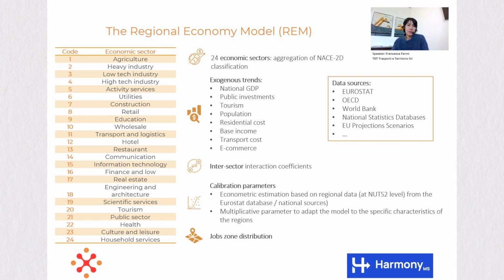As mentioned, those are related to both national and regional factors. Common data sources used to develop the application are databases from Eurostat, OECD, World Bank, National Statistics, and EU projection scenarios. The intersector coefficients are derived from input-output matrices.